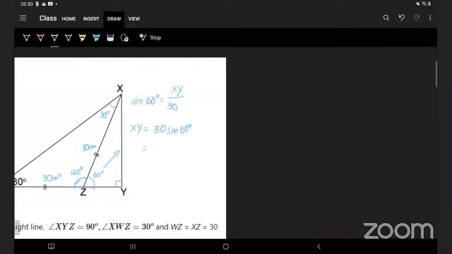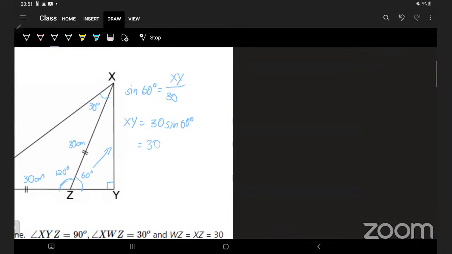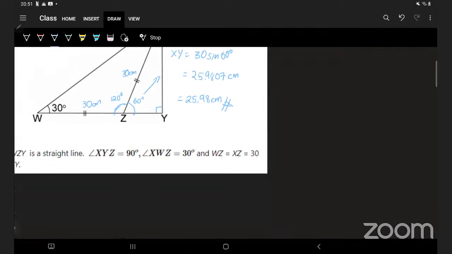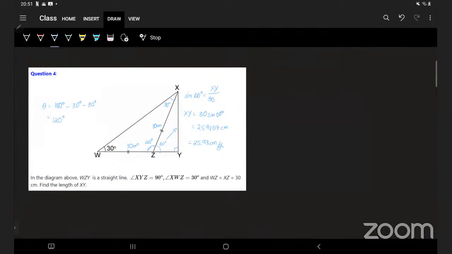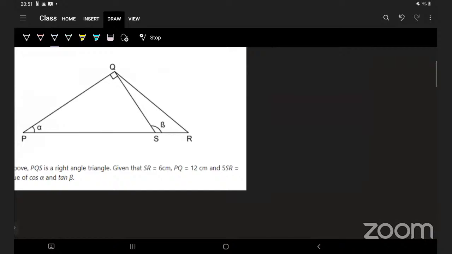Never mind, I'm forgetting the basic angles right now, so let's just do 30 sine 60 in the calculator, and you should be getting 25.9807 cm. Or to shorten it, we get 25.98 cm. So that is the length of XY. That's all you need to do for that question, no further requirements. Now let's move on to question 5.